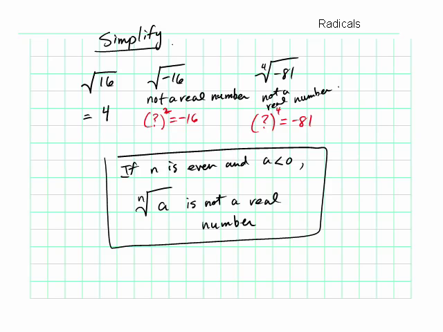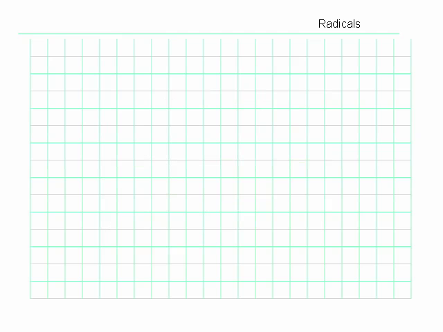On the other hand, if n were odd, for instance, the cube root of negative 8, well, that actually is a negative 2, because negative 2 to the third power does indeed give you a negative number. The cube root of negative 27. What number, when you cube it, gives you a negative 27? The answer is a negative 3.